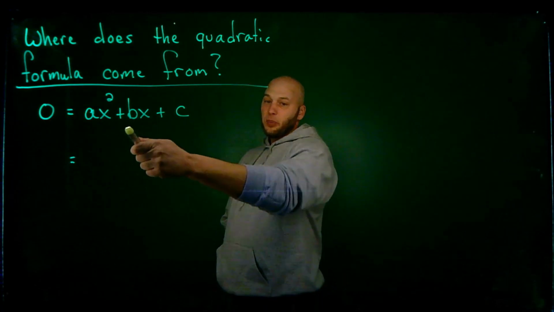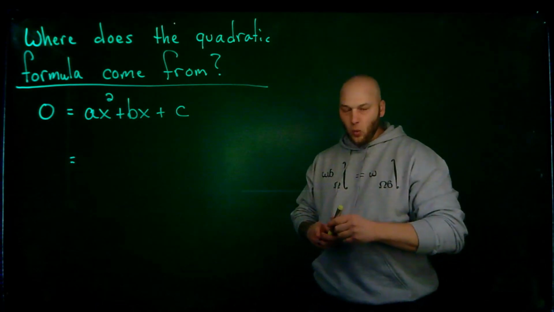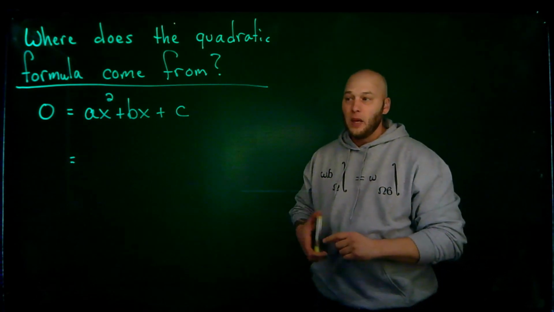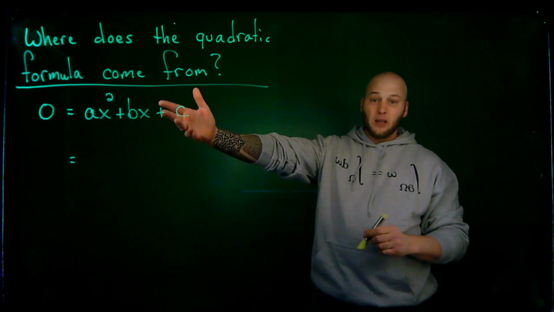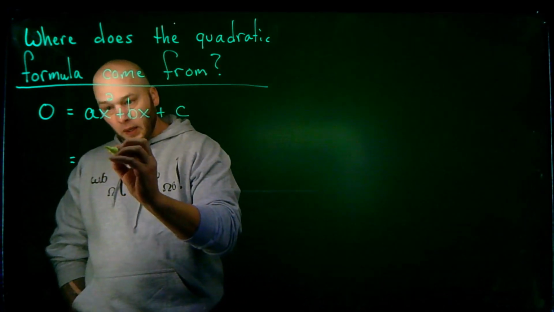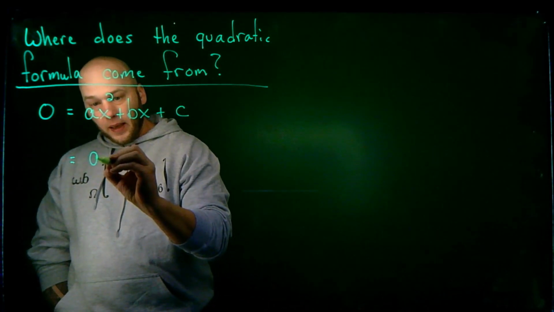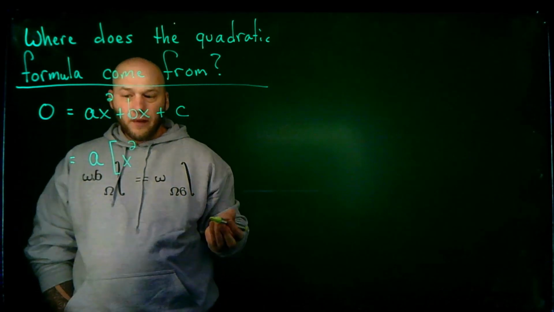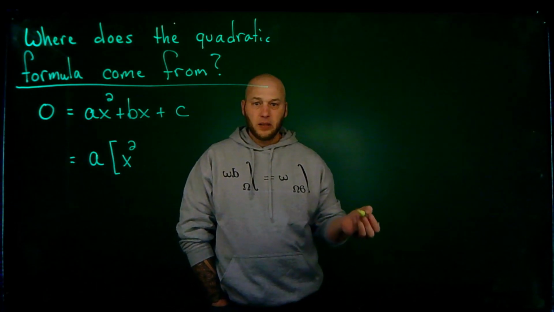Now, completing the square only works if the leading coefficient is positive 1. That means whatever a is, and in this case a is arbitrary, I've got to factor it out. That gives me a times x squared. How do I factor an a out of the b and the c?